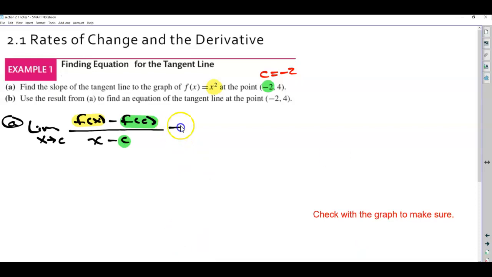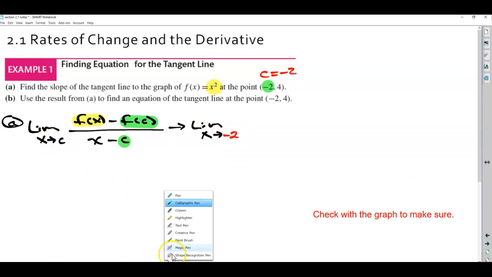Now let's actually work through it. What I'm going to do is say, you know what, c is no longer the c. That's our input. That's the value that we're looking to approach, which is -2. And you can see here's the c as well. I should have highlighted that in green.